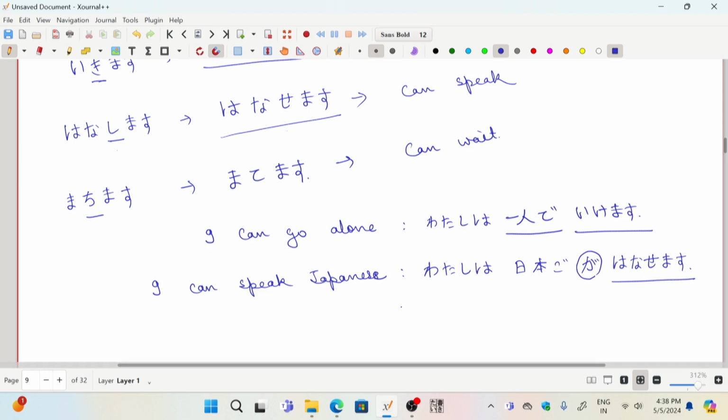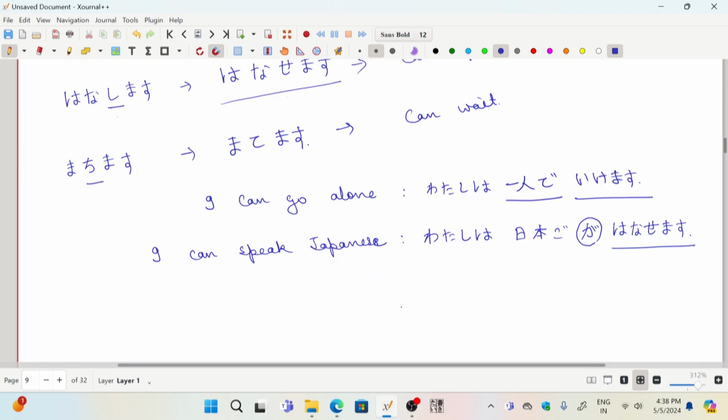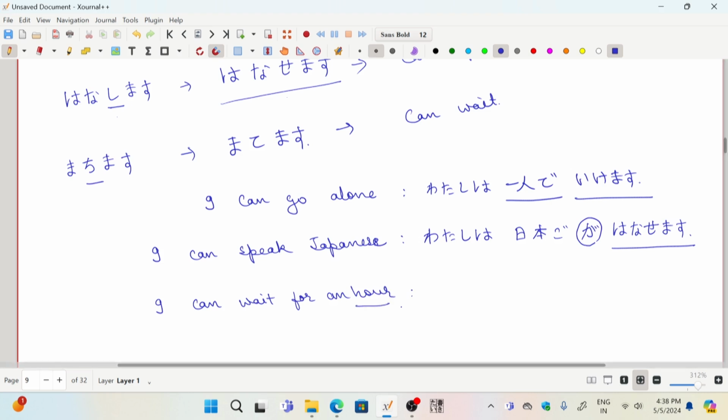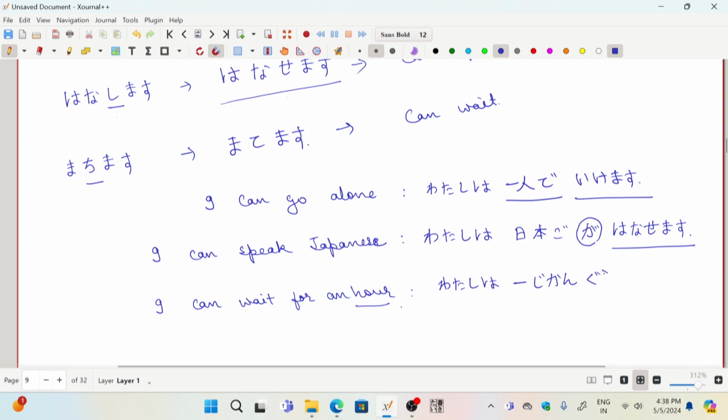Next is machimasu. So I can wait for an hour. It will be watashi wa ichi jikan gurai matemasu.